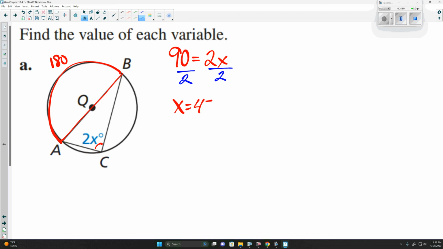X is 45. Now we don't need the degree marker because we're not talking about the angle itself. We're just talking about the value of the variable. Questions on this here? Are we ready for the next one?